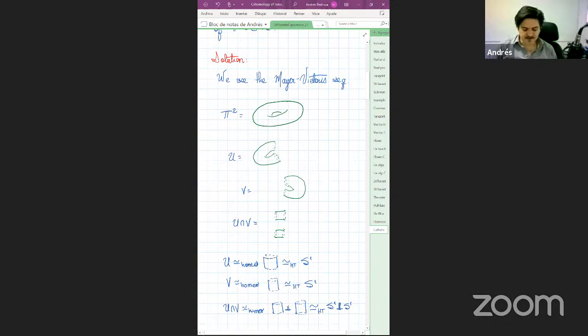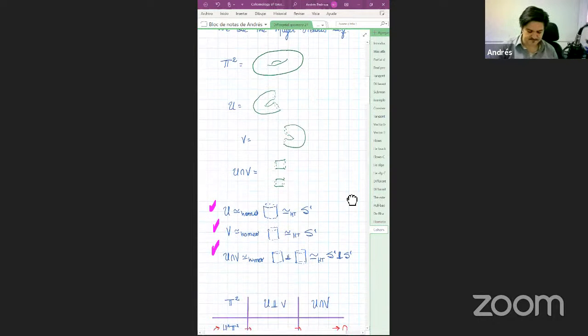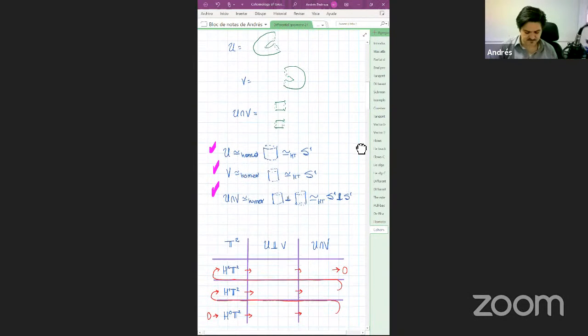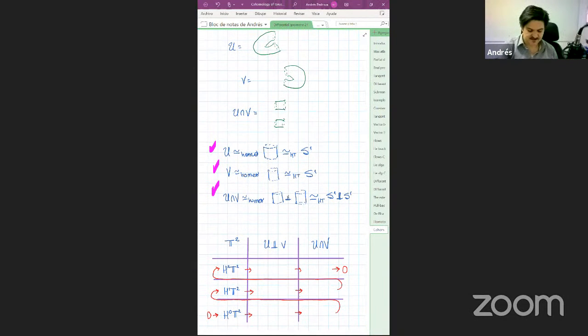We know the cohomology of those three spaces. So we have here the table that gives rise to the Mayer-Vietoris sequence.